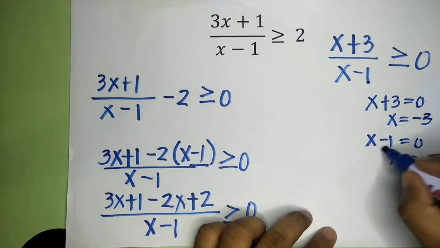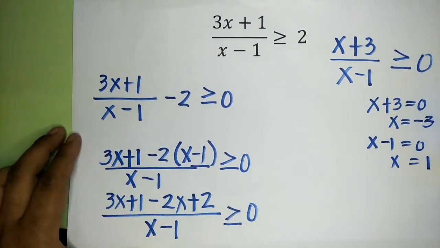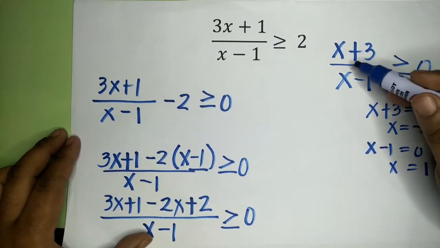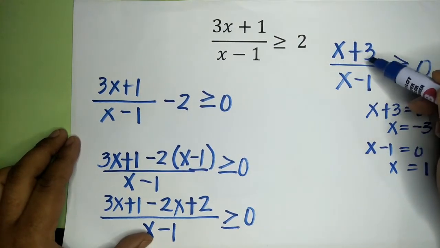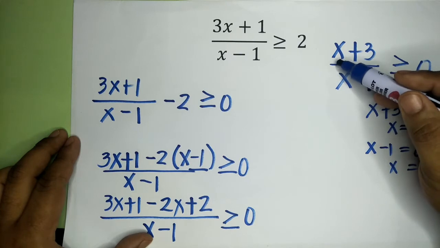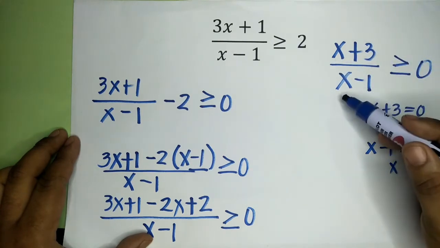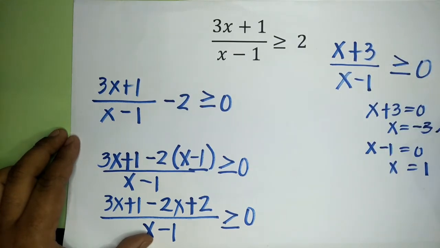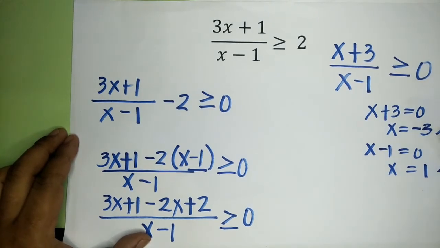Then x equal to positive 1. So, para mas madali, babaguhin mo lang yung sign nung kakabit niya. So, x plus 3, so that is negative 3. X minus 1, so that is positive 1. So, etong nakuha natin, yan yung tinatawag nating critical values. Negative 3 and positive 1.